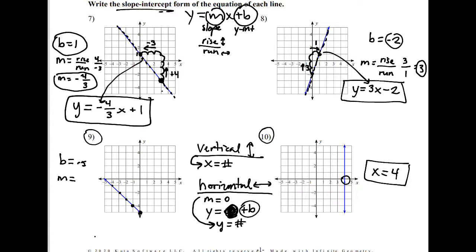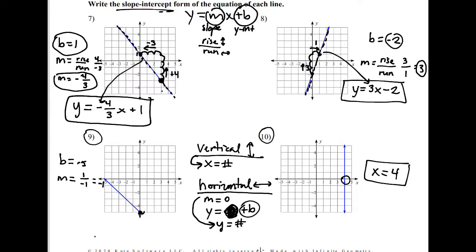So if I just use the first one that I marked, and I look at my rise and my run, I rise 1, so that's going up 1, so that's positive, and then I run towards the negatives 1, so that's a negative 1. So my slope would be my rise first, which is 1, over my run, which is negative 1, so that just equals negative 1.